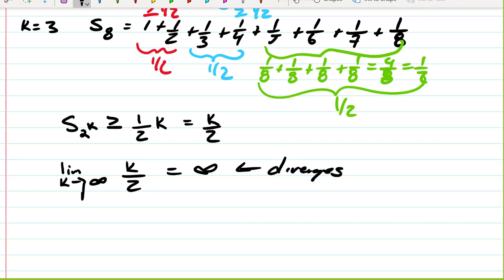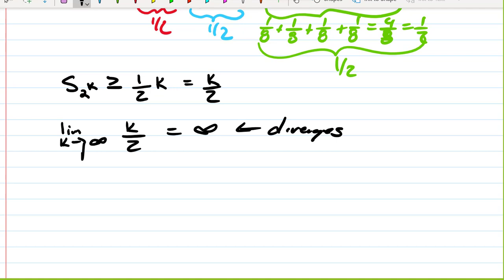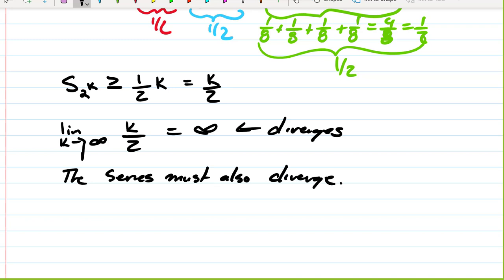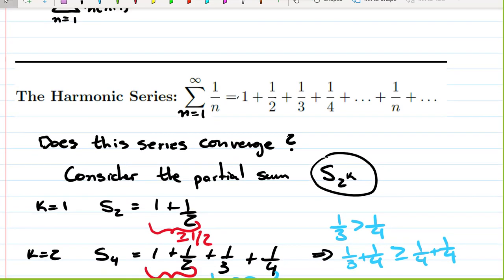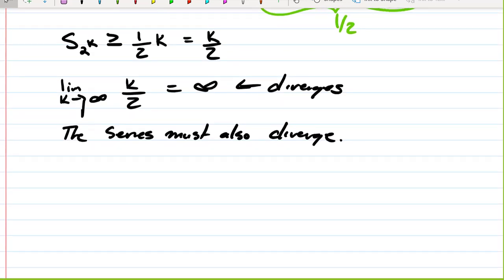So if that limit diverges, then the series must also diverge. So we've just proven that the harmonic series, the sum as n goes from 1 to infinity of 1 over n, diverges.